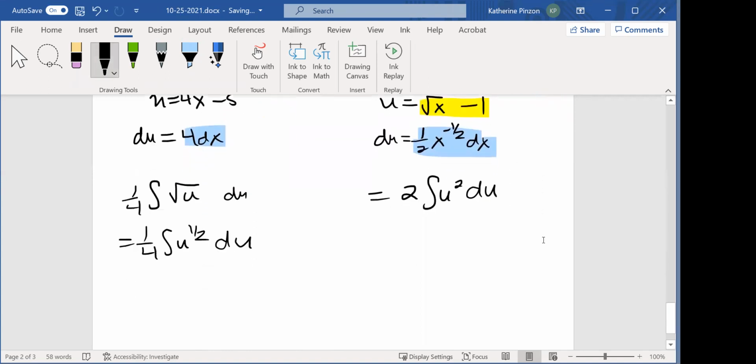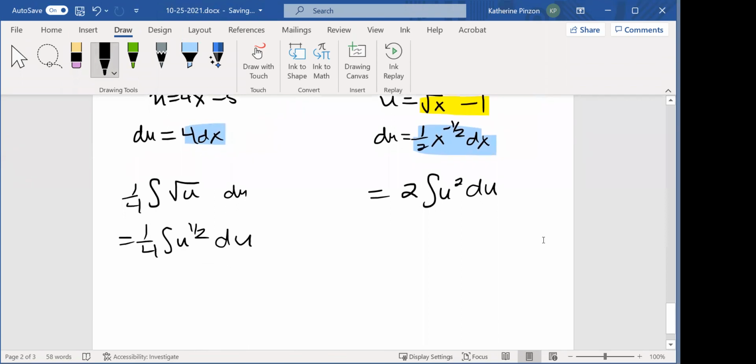Take the antiderivatives. Take a second to take the antiderivatives. When you take the antiderivatives, the exponent should go up. Add 1 to the power, divide by the new power.